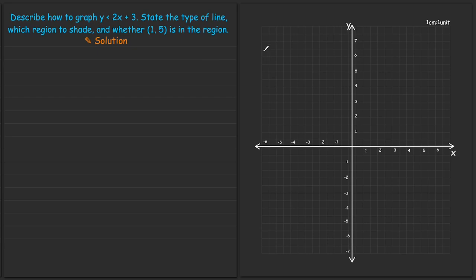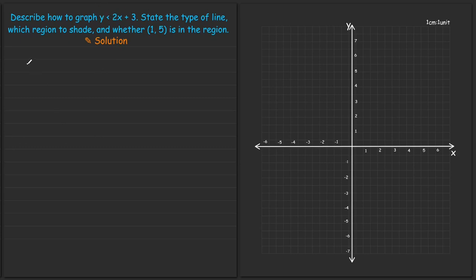First of all, using the steps we laid out, if you want to graph this and determine the region that satisfies it, you need to set your boundary line. With the boundary line, what we said is you have to change your inequality sign and make it an equation.